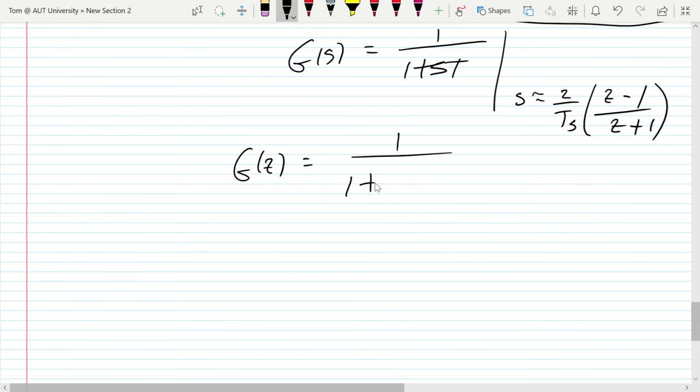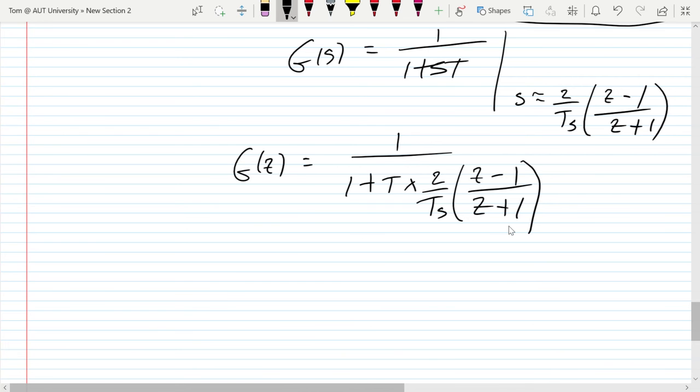So you get 1 plus T times, and then you substitute the s bit. And of course, you can do this for any transfer function you like. It could be second order, third order, fourth order. Of course, it goes without saying that the higher the order, the more difficult the algebra is. Because of that, there's a command in MATLAB called bilinear, which, if you've got MATLAB, I realize not everybody has.